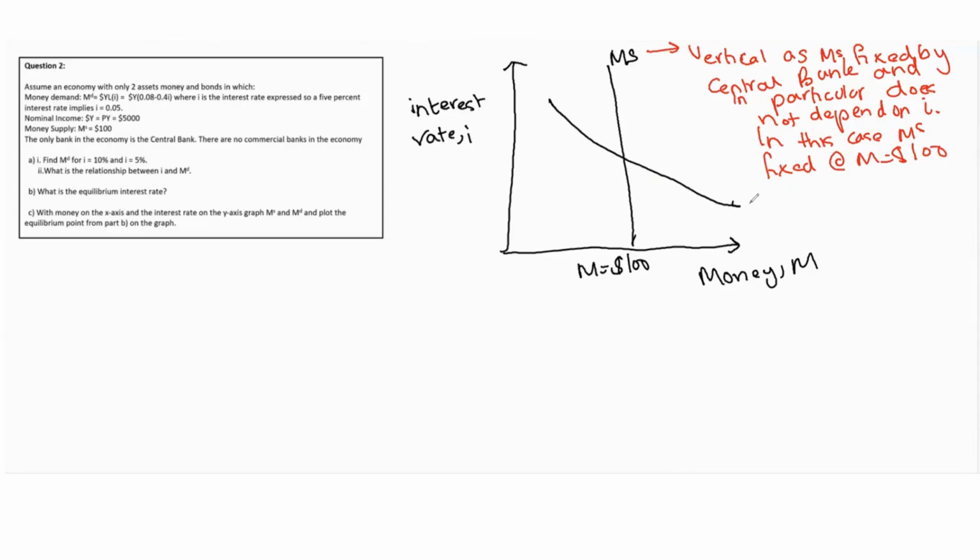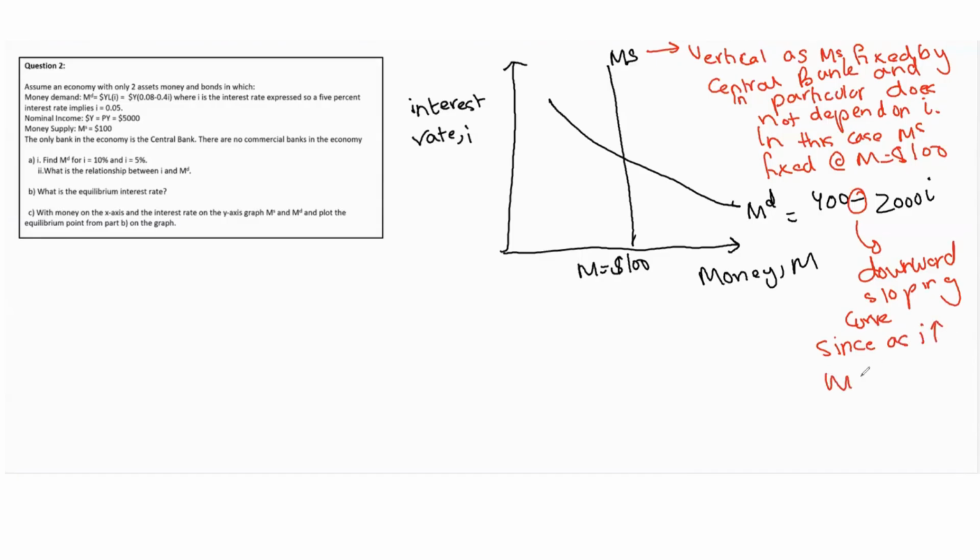And then we have a downward sloping MD, which is given to us as 400 minus 2000i. We can see that this is a downward sloping curve, since there's a negative relationship between i and MD: as i increases, MD decreases.